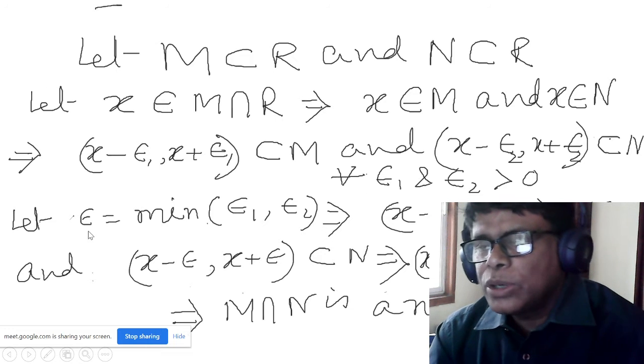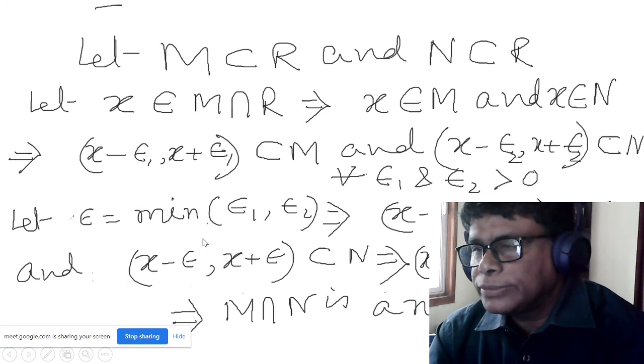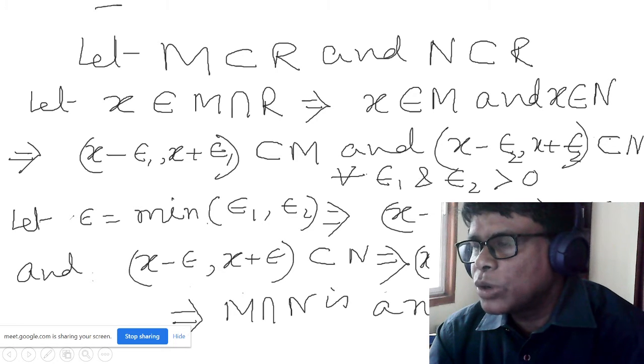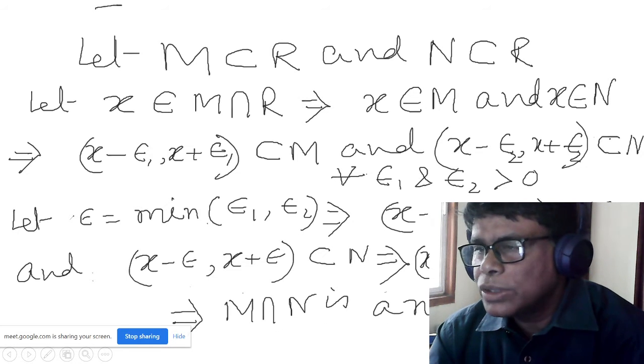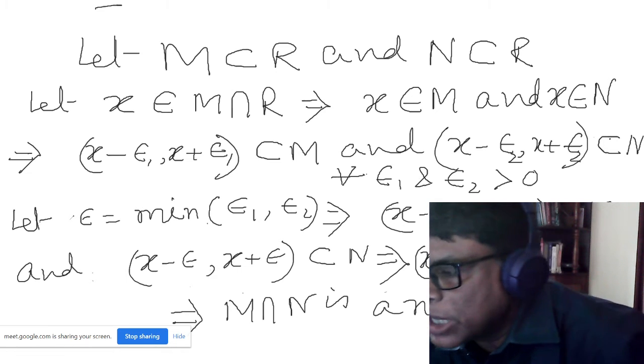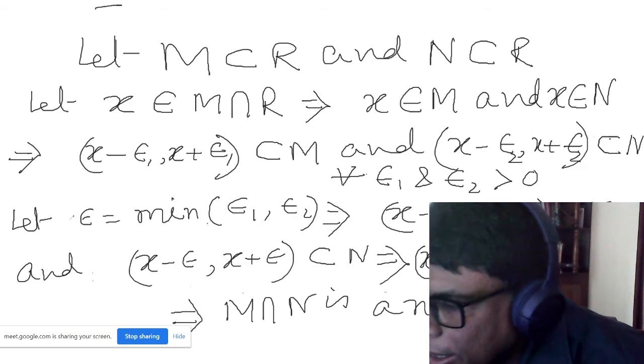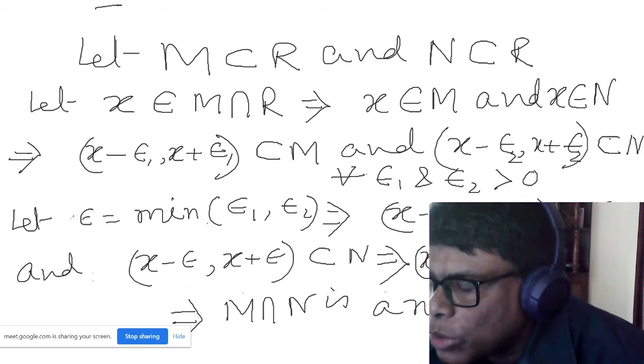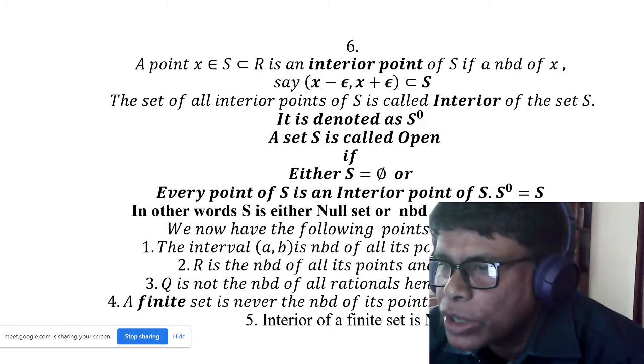So let epsilon be the minimum of these two. This implies x minus epsilon to x plus epsilon is contained in M and also contained in N. So the intersection and union are also neighborhoods of x. This is an important theorem for neighborhoods.